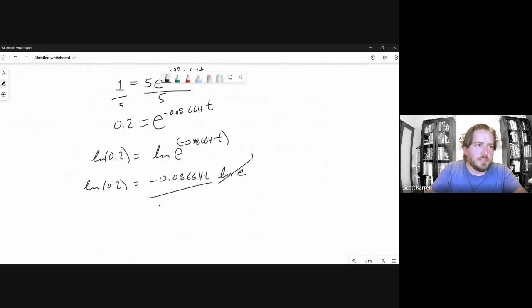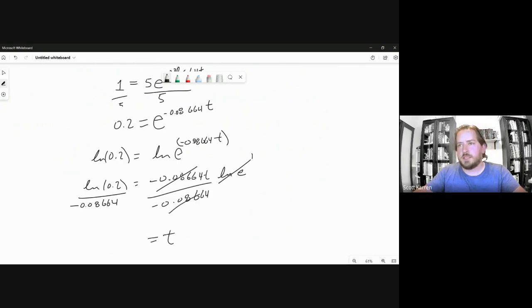So if I divide each side by negative 0.08664, I've isolated t on the right-hand side, and then on the left-hand side, my final solution is about 18.6.